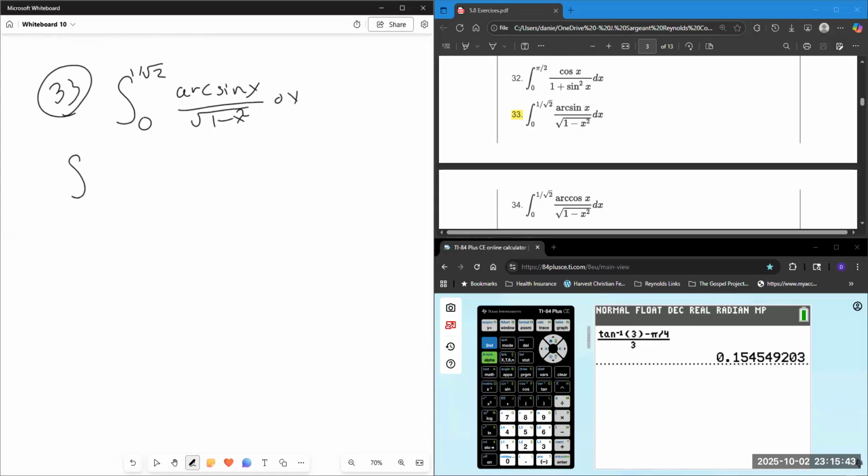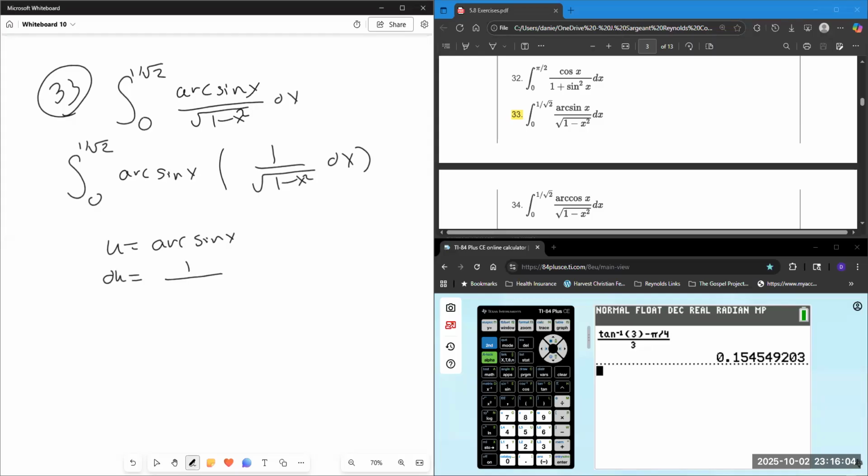Going to write that as 0 to 1 over root 2, arc sine of x times 1 over root 1 minus x squared dx. If my u is equal to arc sine x, my du will be 1 over root 1 minus x squared dx. So this is a simple u du substitution.